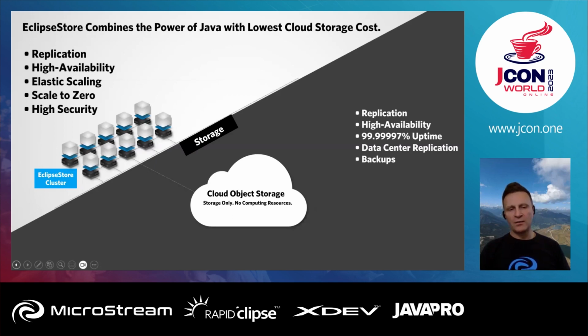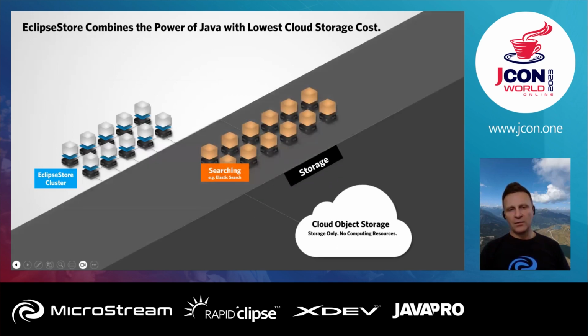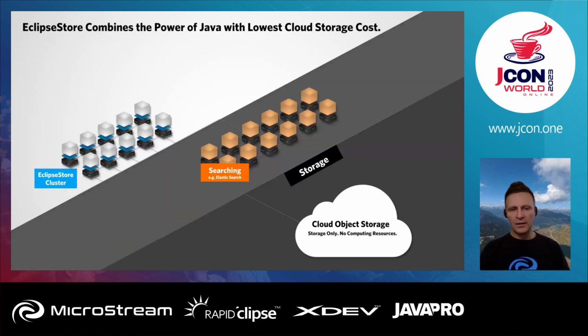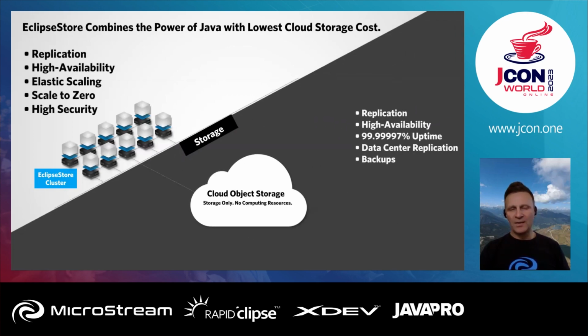And now the question is, if you remove all of these clusters, all of these machines, all of these CPUs and memory usage, please invest a little money in running bigger memory machines for your Eclipse Store application. This will not cost too much money.